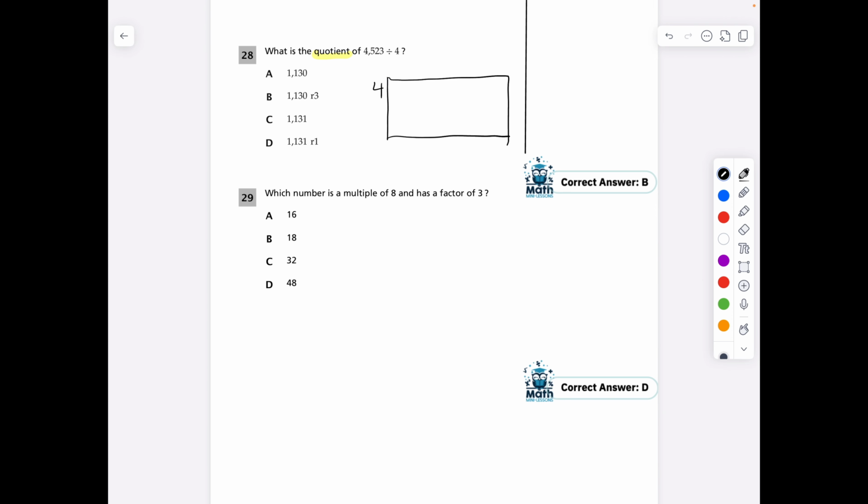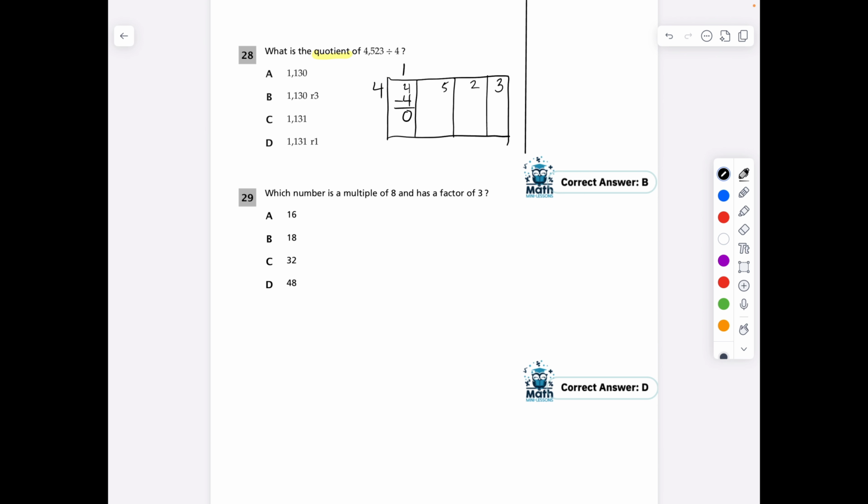So I'm going to have my numbers in here: 4, 5, 2, and 3. And in every single box, I'm just going to try and figure out how many 4s I can take out. So in the first one, 4 divided by 4 is just 1. So I know that's just one group of 4. And I get 0.